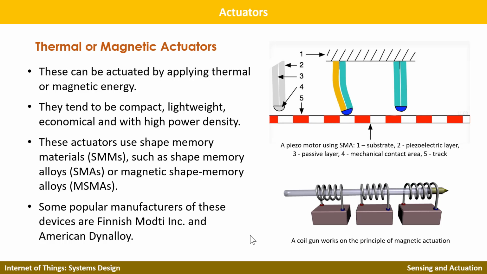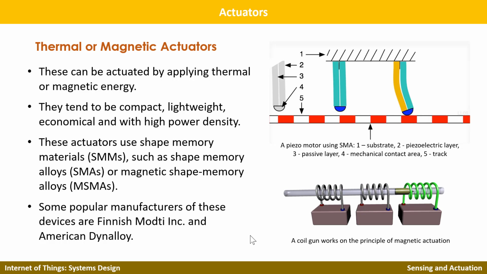The first one is a thermal actuator, where they have used shape memory material, where this small material changes its shape based on the change of the temperature, and it helps to create a motion.